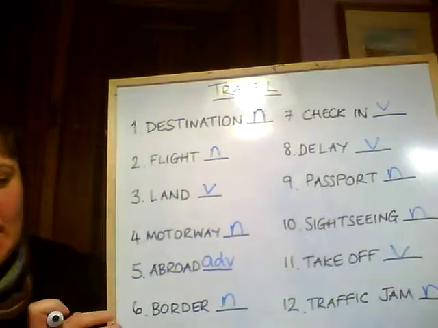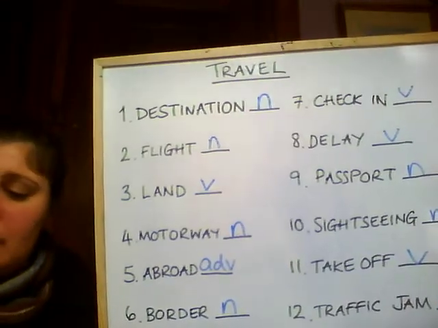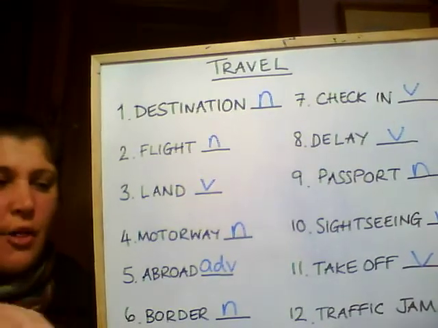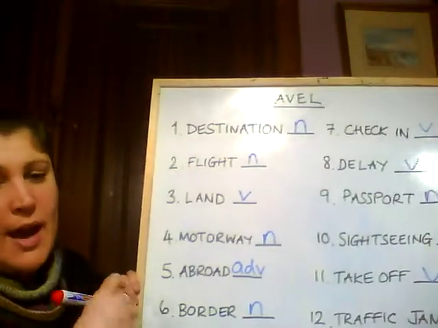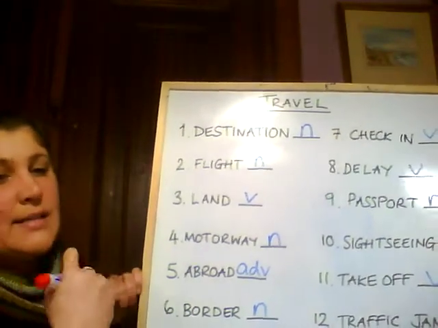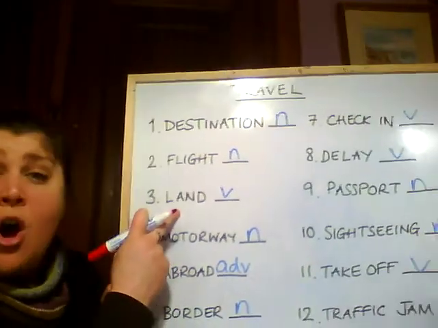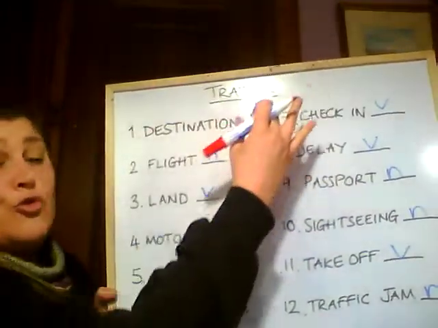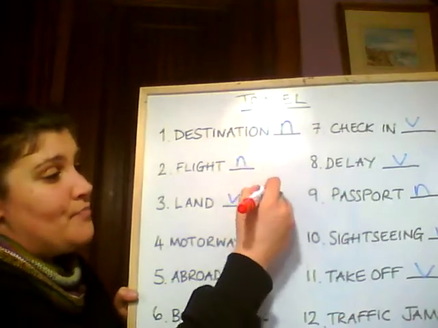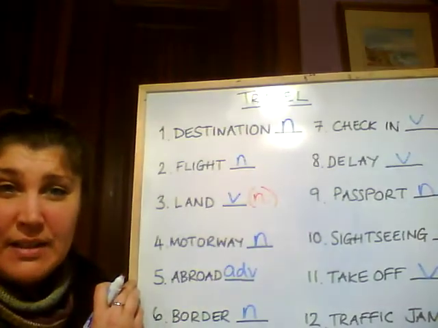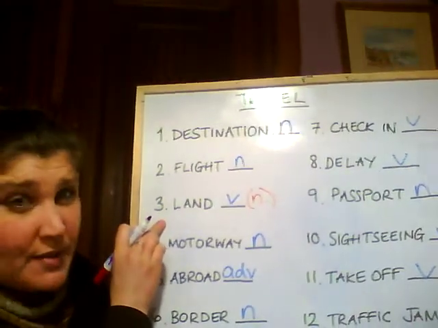Okay? Easy peasy. So, what about other meanings of these words? Okay? If we look at land, obviously land for travel is a verb, but it's also a noun. The land is not the sea.